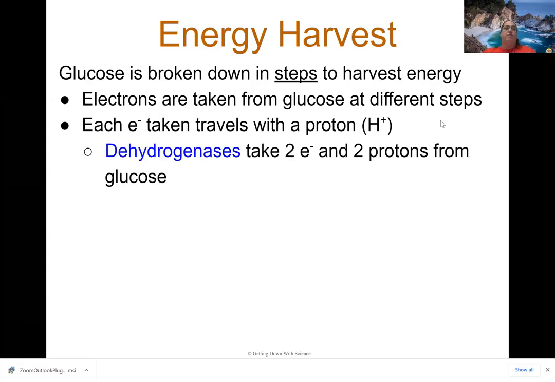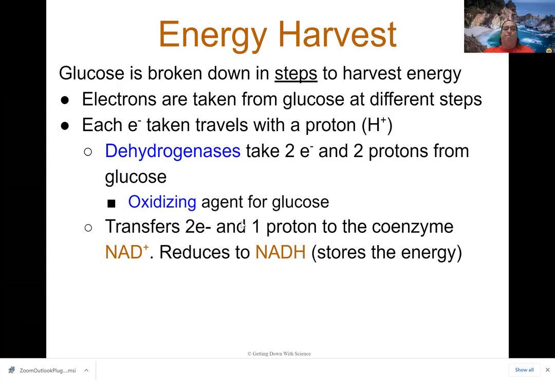That's where the water comes in play. And so we have dehydrogenase takes 2 electrons and 2 protons from glucose. Therefore, it is an oxidizing agent for glucose. It's going to transfer those 2 electrons and 1 proton to the coenzyme NAD, reducing it to be NADH.